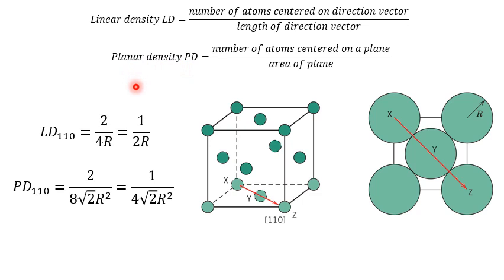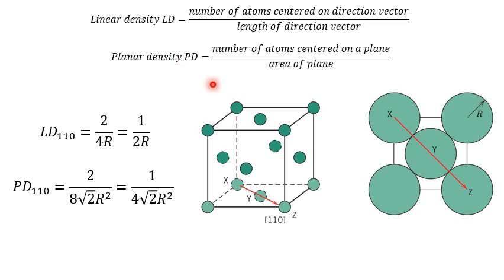In our previous lectures, we defined the theoretical density, which is the number of atoms divided by the volume of the unit cell. Now we need to define two other densities, which are linear density and planar density.